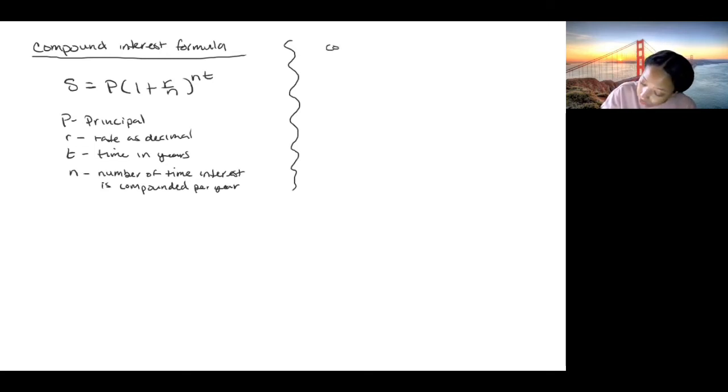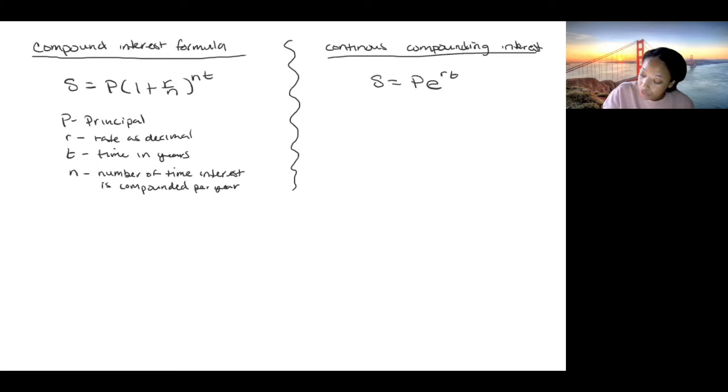So for continuous compounding interest, we get the formula S equals P times the number E to the RT power, where P is the principal still, R is the interest rate as a decimal, and T is still your time in years.